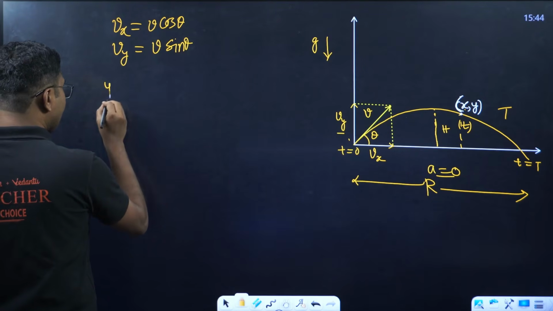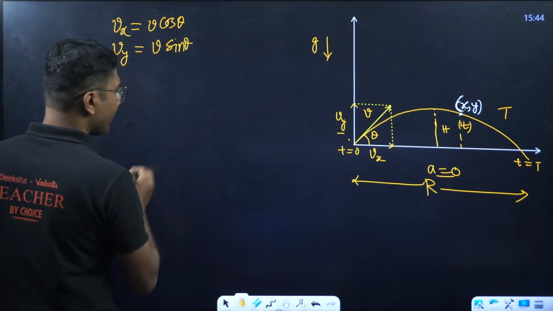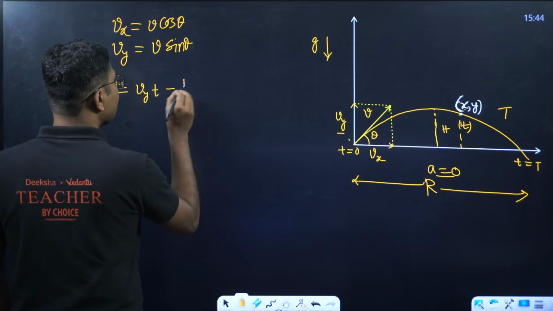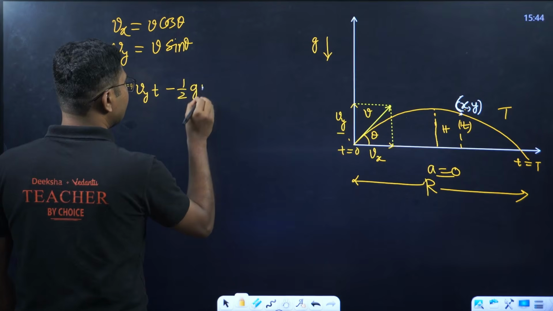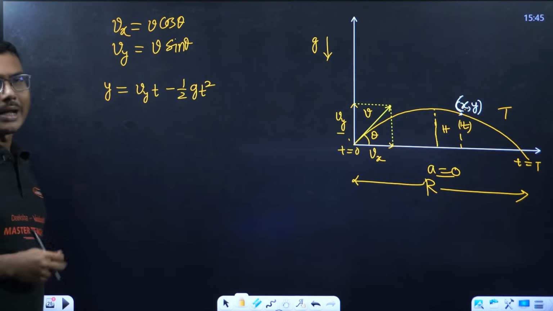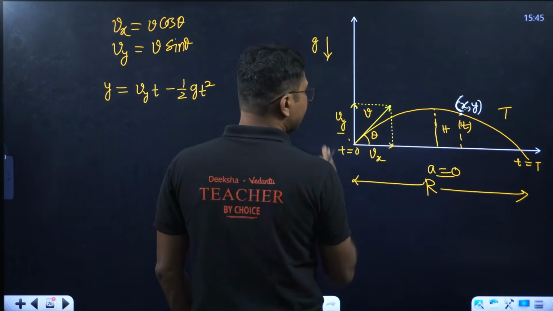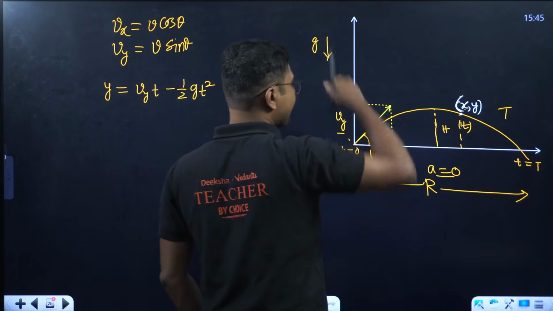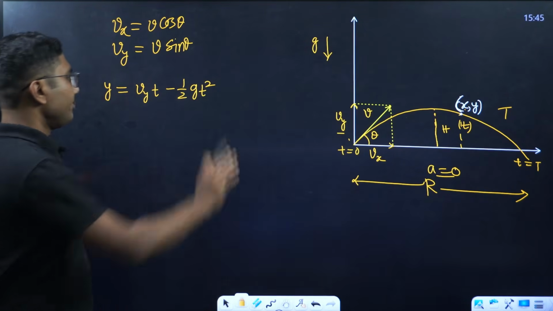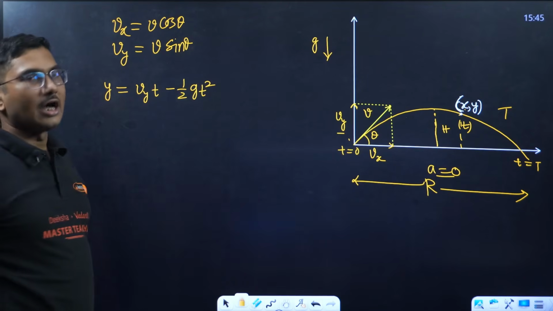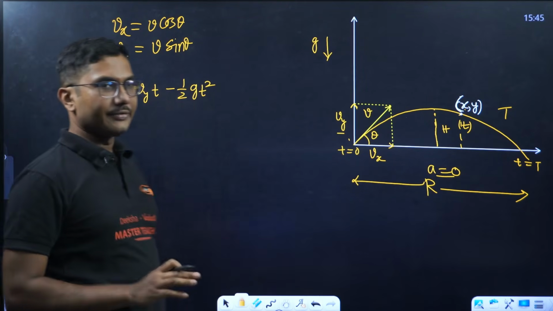So we can write s is equal to ut plus half at square. So it will be vy t minus half g t square. Why minus, sir? Because this component of velocity is upward, gravitational acceleration is downward. Because the directions of y and g are opposite, there is a negative sign.